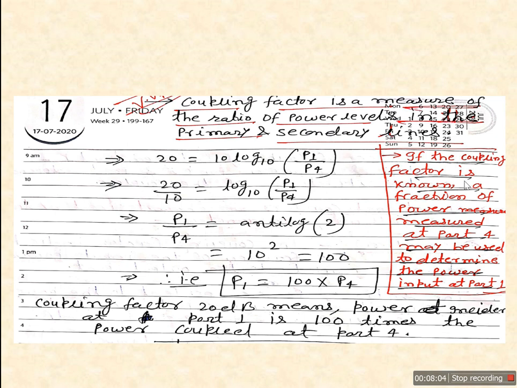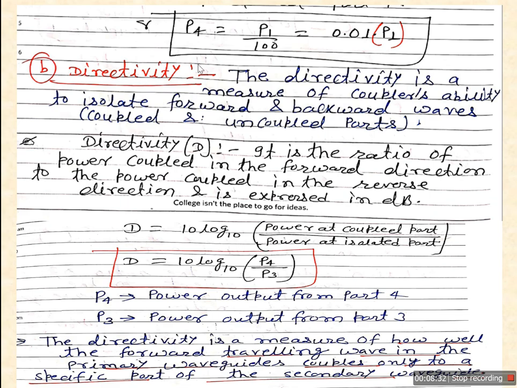If the coupling factor is known, a fraction of power measured at port 4 may be used to determine the power input at port 1. If P4 is known and a coupling factor is given, then easily you can find out the incident power. If incident power is given and coupling factor is there, then you will be able to find out the coupled port power.